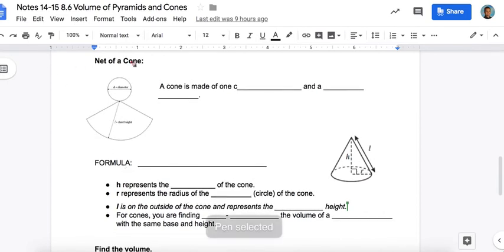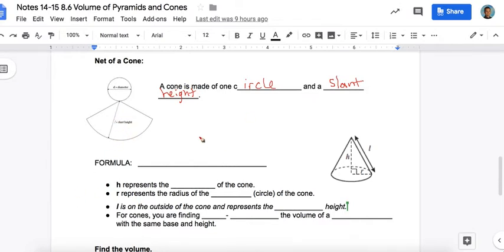A cone is made up of one circle, and I've already got the C there, and a slant height. Okay, for this piece right here.